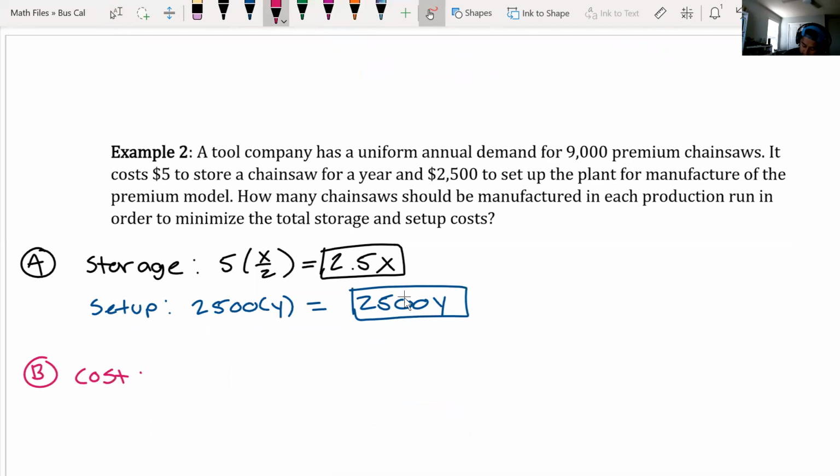Cost function is going to be C of X equals storage cost plus setup cost. So there's the cost function.